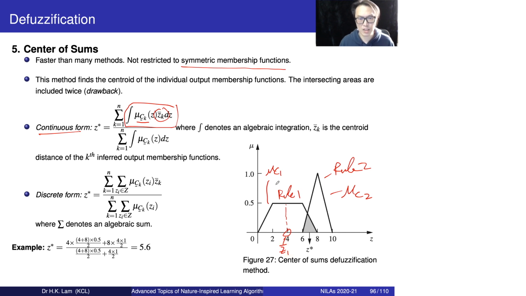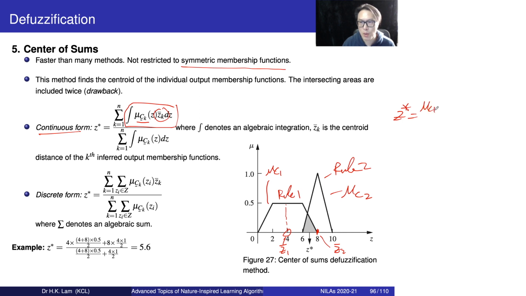It means that it is for the first membership function, and this is the center of this membership function on the x-axis. So this is z2 bar, the subscript 2, meaning it is for the second rule.